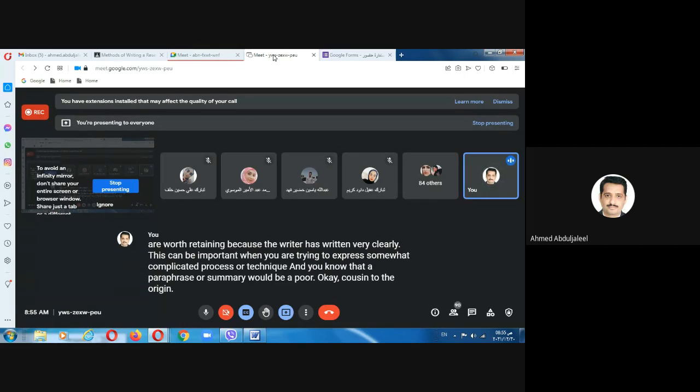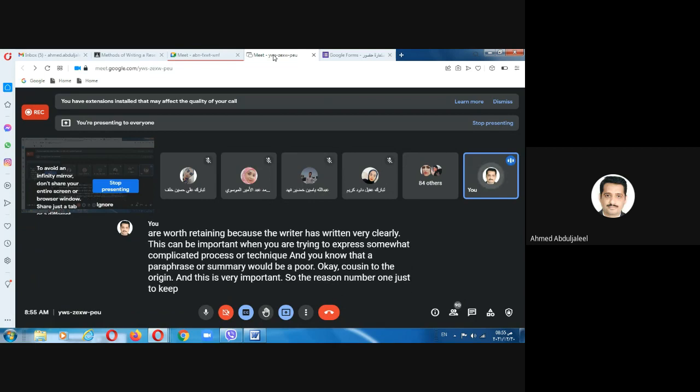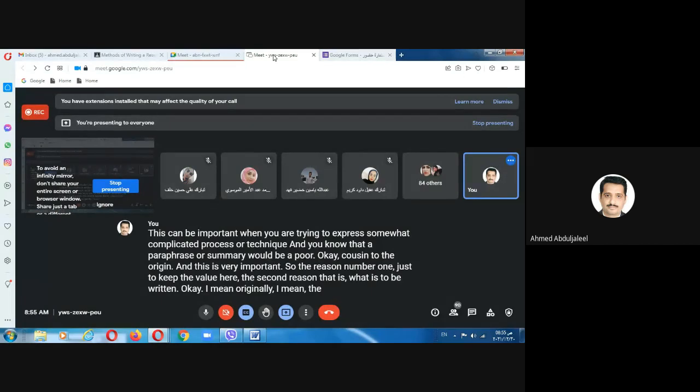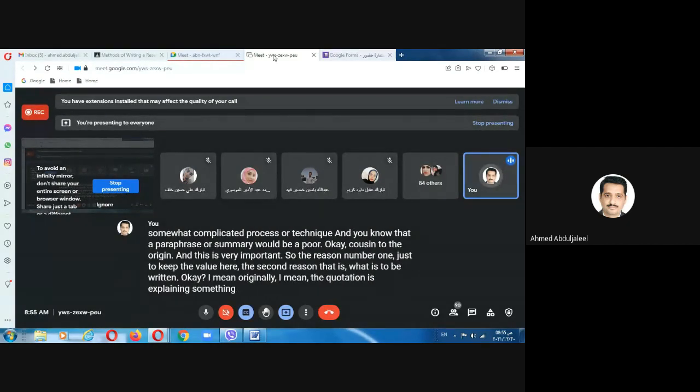And this is very important. So reason number one was just to keep the value. Here, the second reason is that the quotation originally is explaining something you are not able to explain.